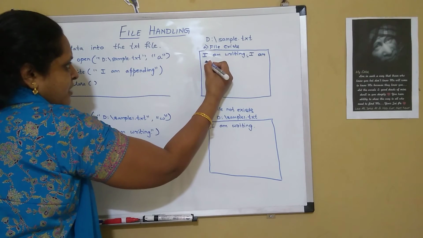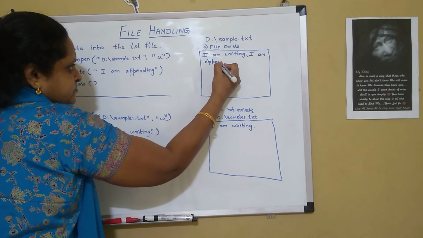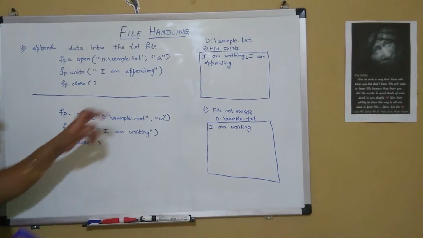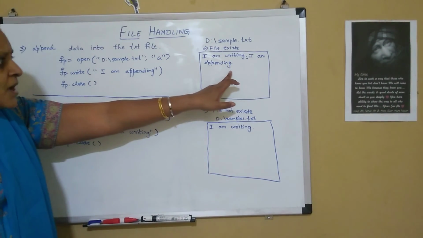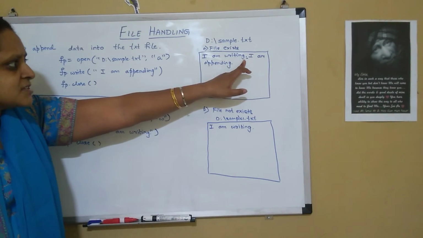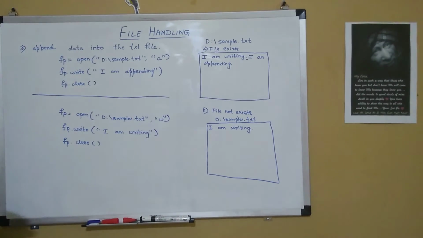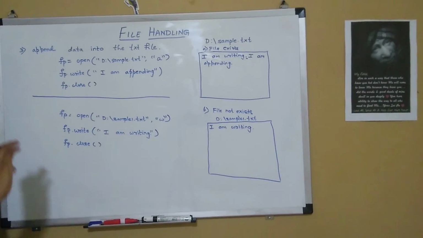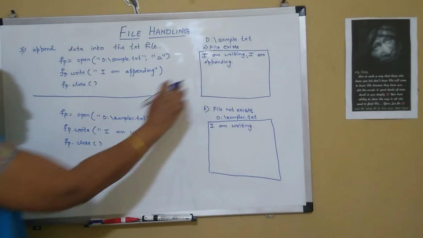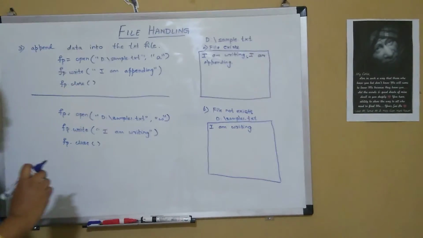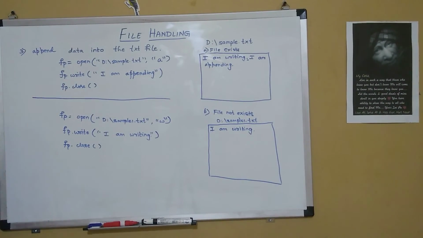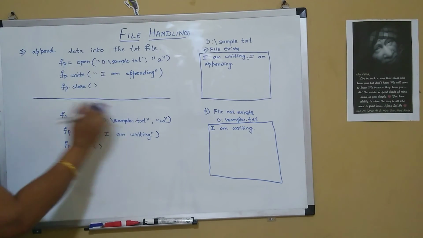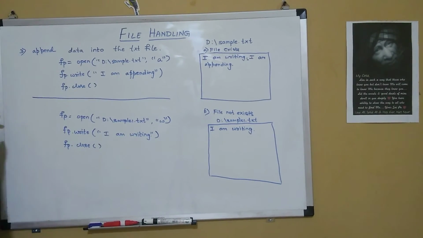So it will write I am appending after the data ends, because the cursor points at the end of the data. So it will not overwrite the existing contents. It will continue writing after the data ends in the file. So in writing, it was overwriting, but in appending, it will append to the existing contents.